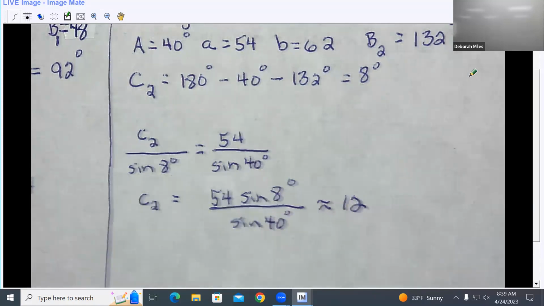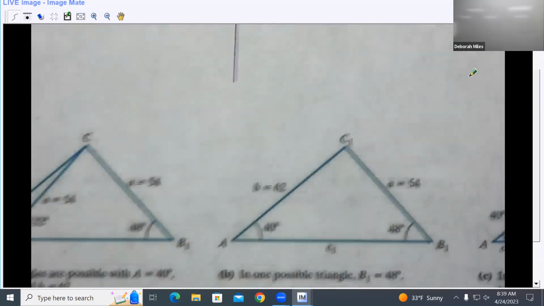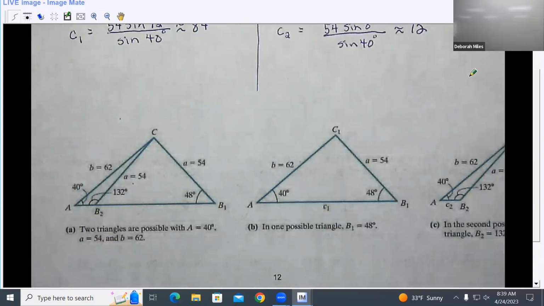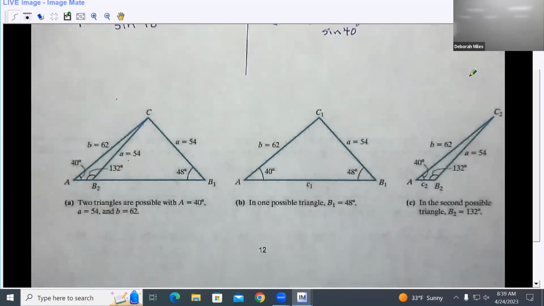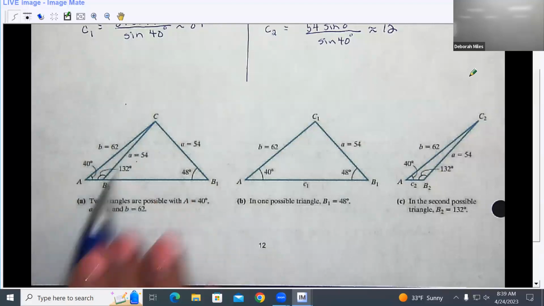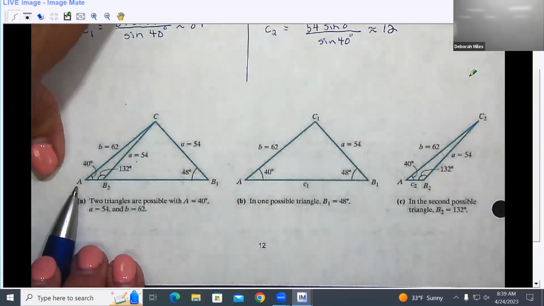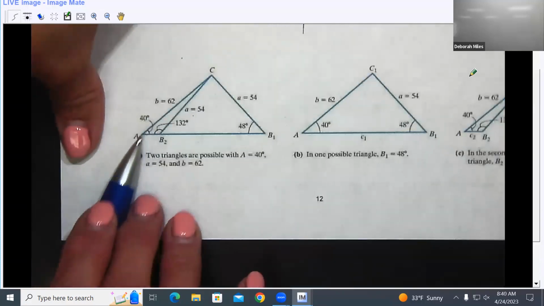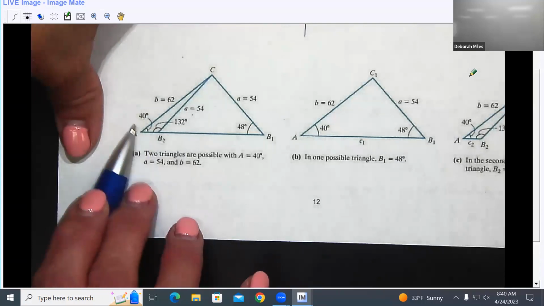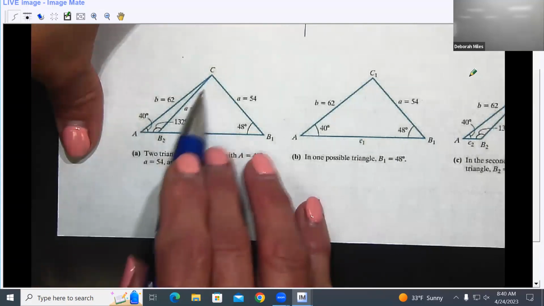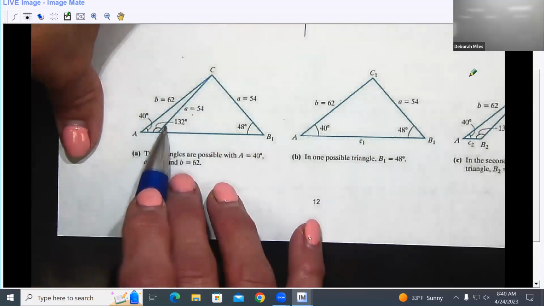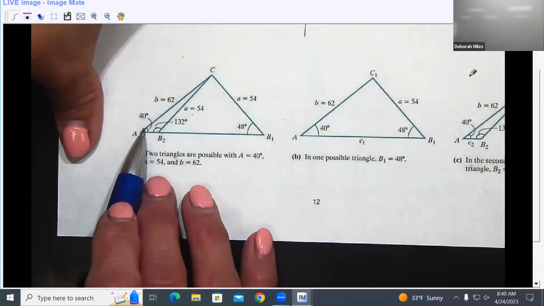Okay. At the bottom of this page, I have an illustration of the two possible triangles that have the information that we were given in checkpoint 3. We were given that angle A was 40 degrees, side A was 54, and side B was 62.